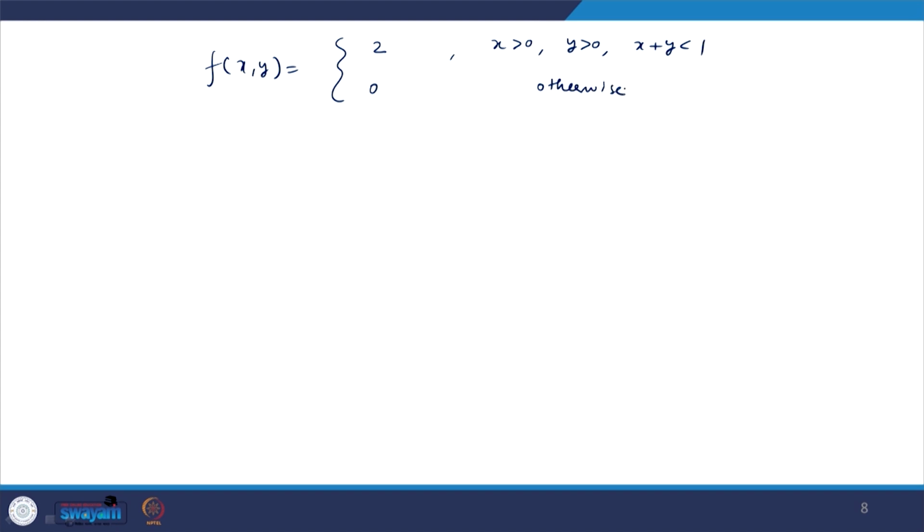Again, one can easily check that it is a PDF by taking the double integral of this in this range. This is equal to 1, and of course, f x y is greater than or equal to 0 for all x and y, that is obvious.